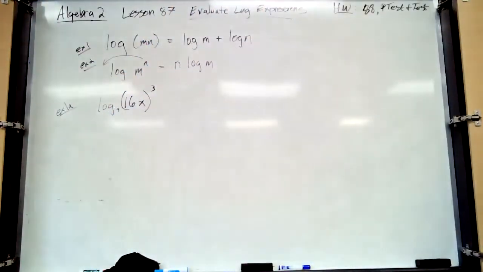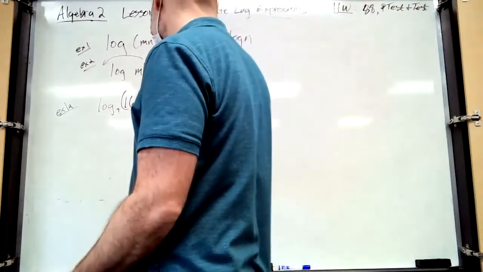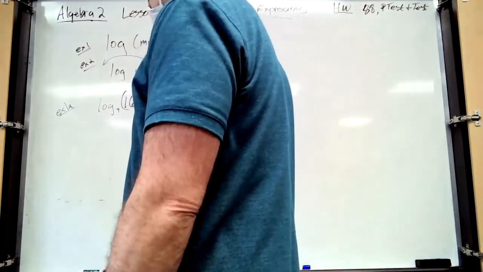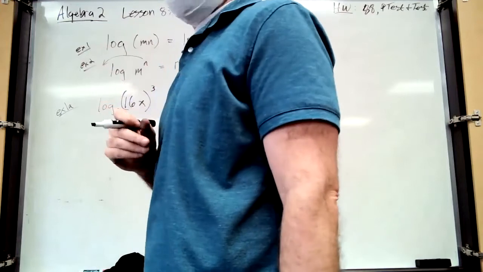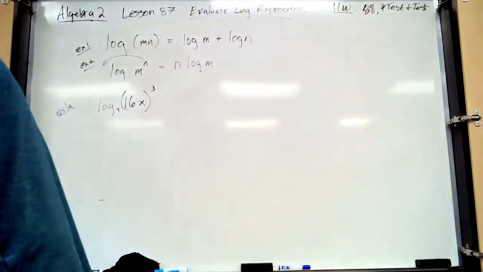Okay? Is this a little weird? Yeah, it's a little weird, but let's do it. So what's the first thing you want to do? You were going to use these properties that we just talked about.